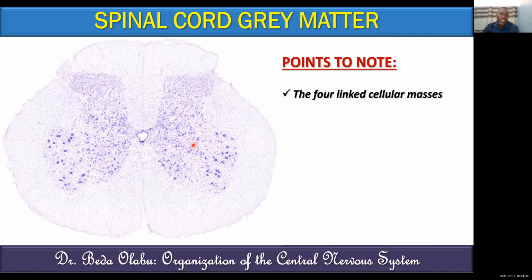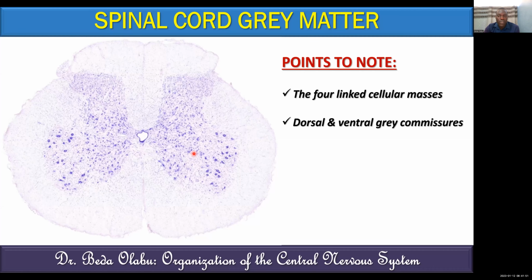So the 4 linked cellular masses are largely the ventral horns and the dorsal horns, because I've told you that the lateral horn is not necessarily present in all of them, and when present, again, is very tiny. So the major concept here is that there are 4 linked cellular masses, the paired dorsal horns and the paired ventral horns.